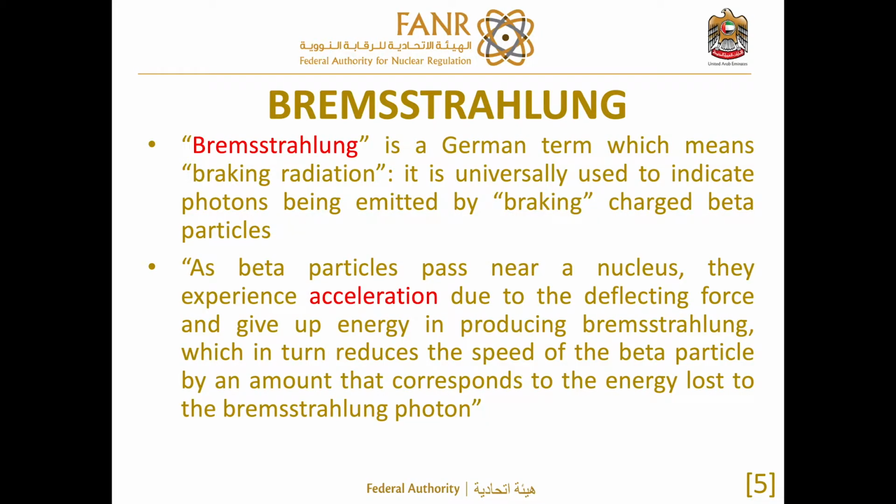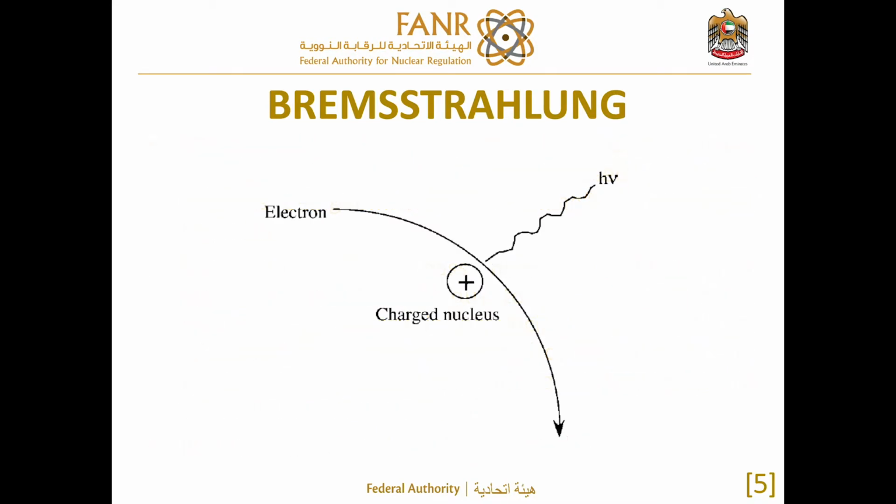There is an attractive force which deflects the electron, the beta particle, in its path, and this deflection is a deceleration, and therefore energy is dissipated by radiating X-rays, and this is a significant mechanism of loss of energy by beta particles. This effect is more frequent in materials which are very massive, having a high Z.